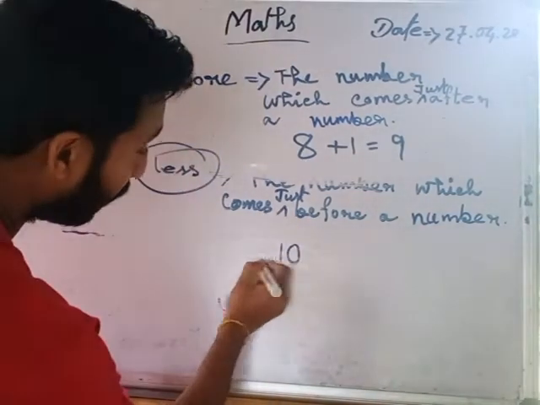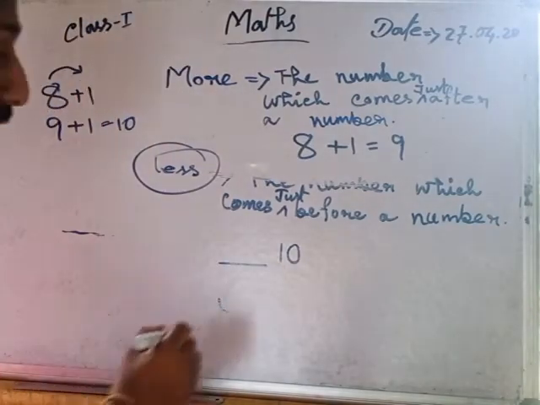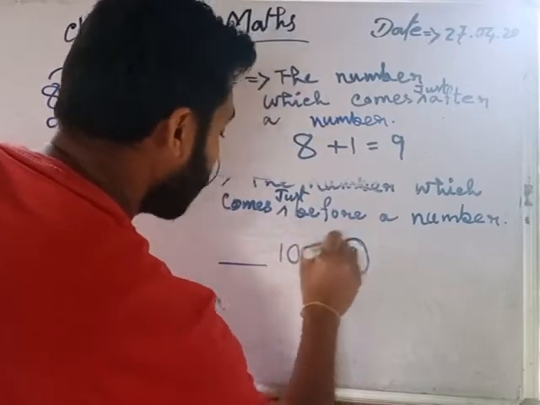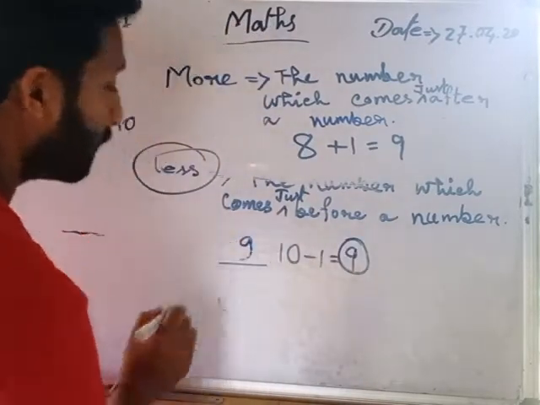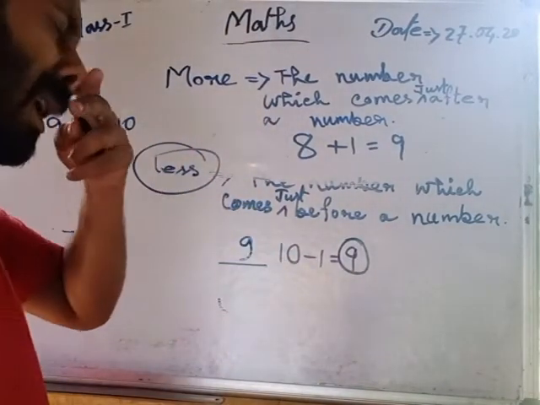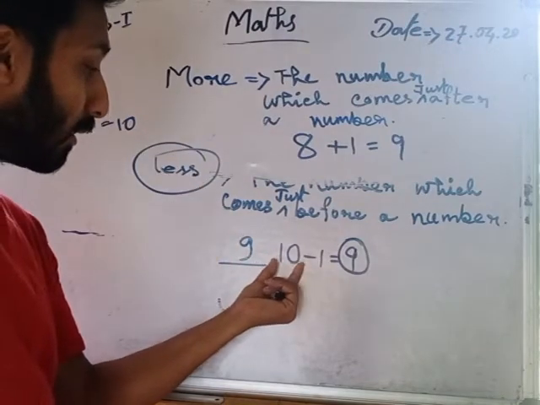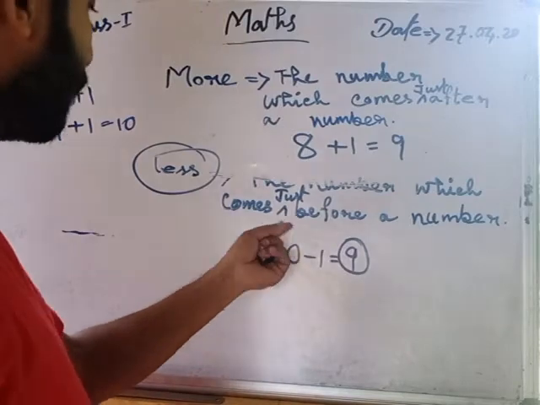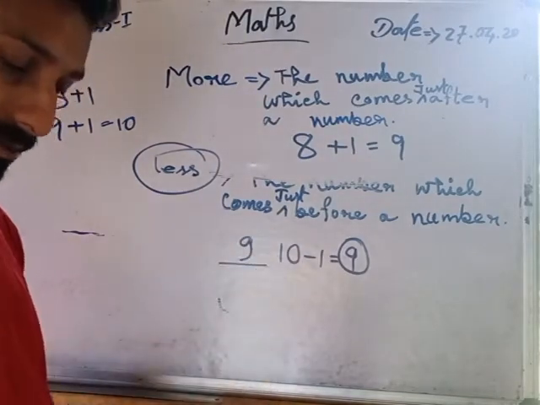Just before the particular number, how to find it? Subtract 1. That is 9. So you should write 9 here. Just before number 10 is 9.